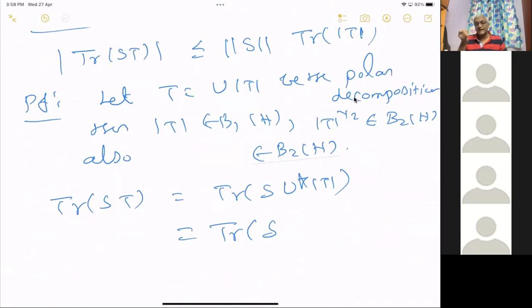U star acts as an isometry on mod T. So if you put a U before that, what did I write?